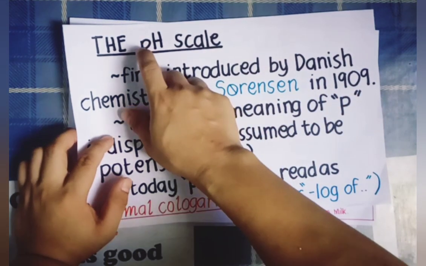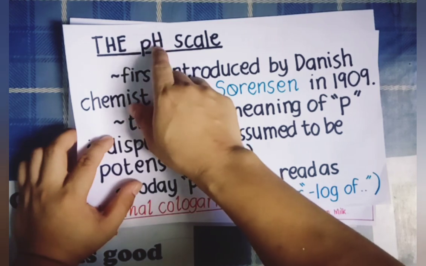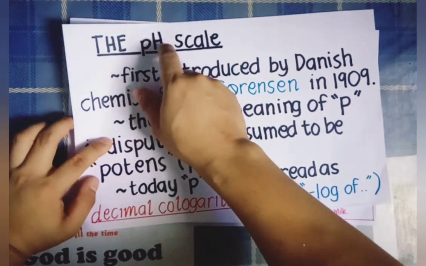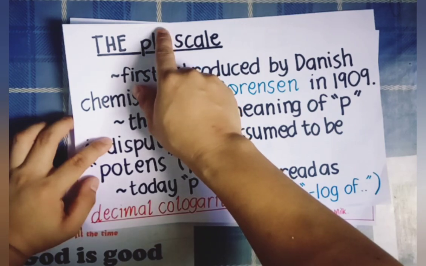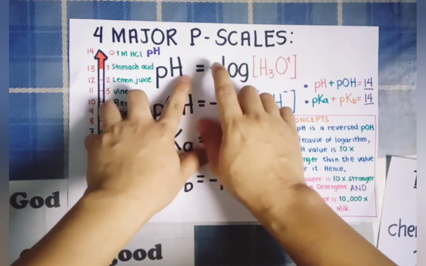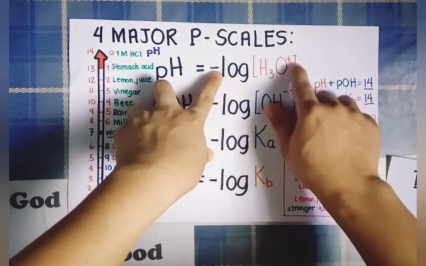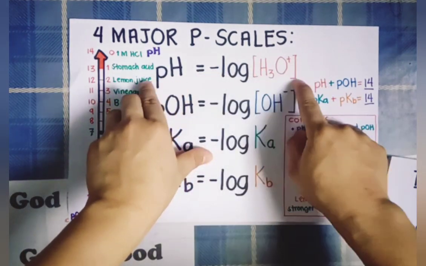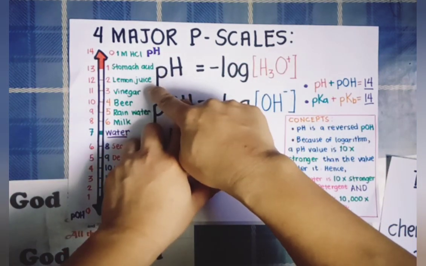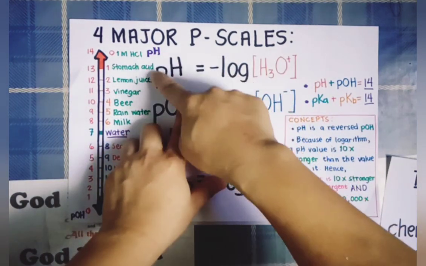So for example, pH is actually read as negative logarithm of or decimal cologarithm of H or hydronium ion concentration. And so pH is equivalent to negative logarithm of hydronium ion concentration. This is now the mathematical formula for us to be able to find the pH of a solution.